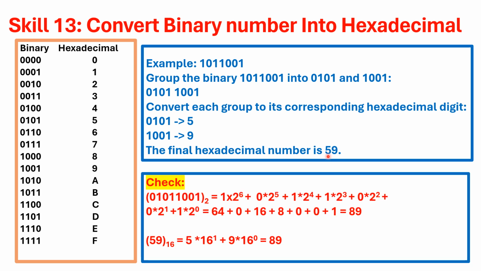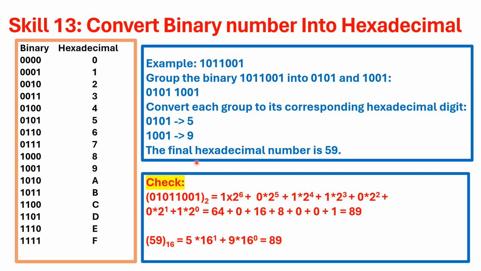It is very simple. You convert binary into decimal and hexadecimal into decimal. If both numbers are the same, then it means that our algorithm works well to convert a binary number into a hexadecimal number.